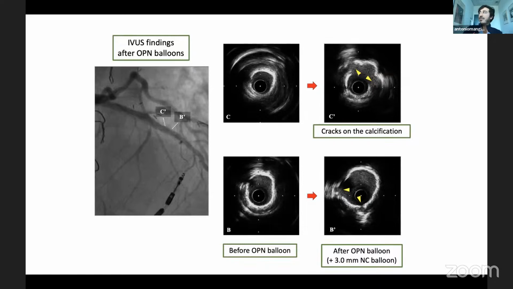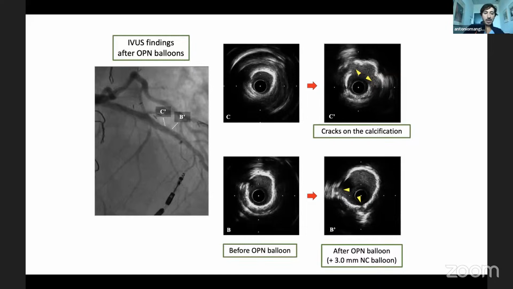Usually I use OPN if I have to deal with not very long disease, nicely located in the proximal segment of the vessel. I tend to downsize and I go very high pressure, especially if I see that the non-compliant balloon does not expand just in a focal portion, instead of a diffuse under-expansion of the balloon. I think this is a very good indication for the use of the OPN.